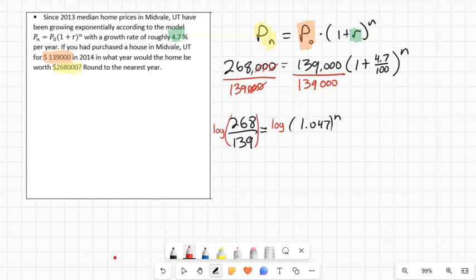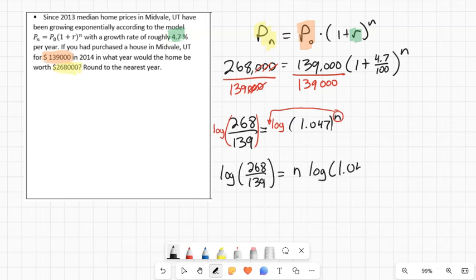I'll stick with log. What that allows us to do is bring this n out in front of the log. It's one of the rules of logarithms. So we now have log of 268 divided by 139 equals n log of 1.047.